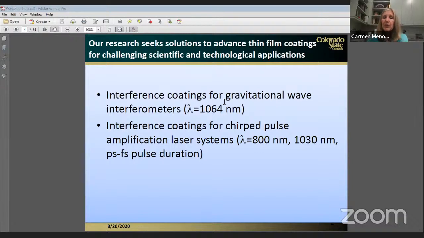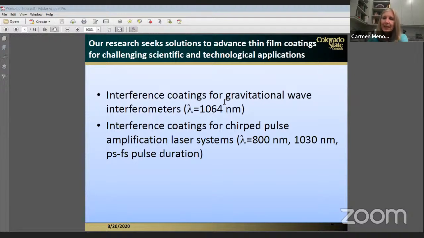One of these problems is developing interference coatings for gravitational wave interferometers that operate at a wavelength of 1064 nanometers. And the other one is interference coatings for chirped pulse amplification laser systems that operate at wavelengths of 800 nanometers, 1030 nanometers.